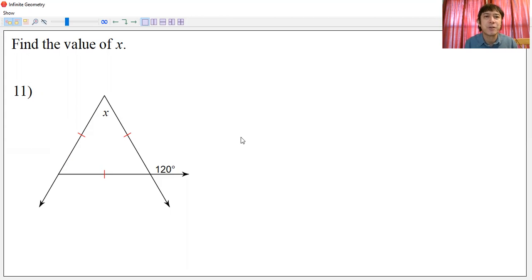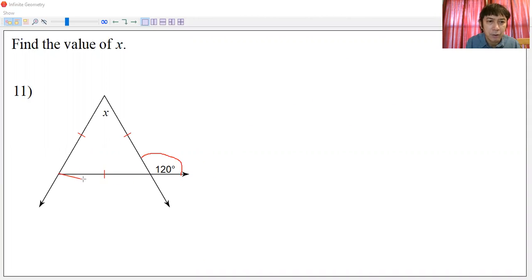First, this is 120. Now this is a straight line, like that. Let me clear that. This is supposed to be straight.